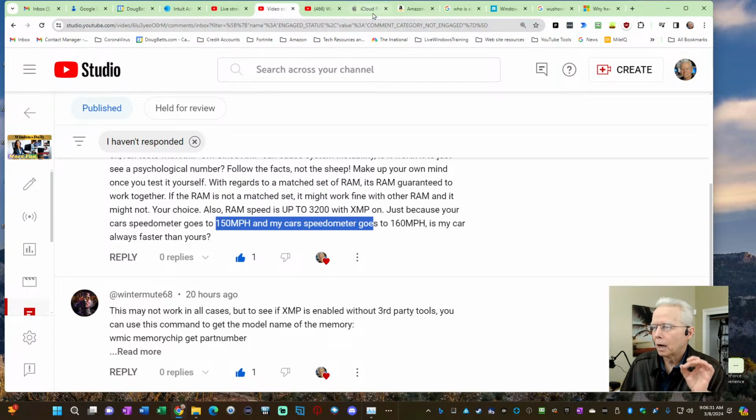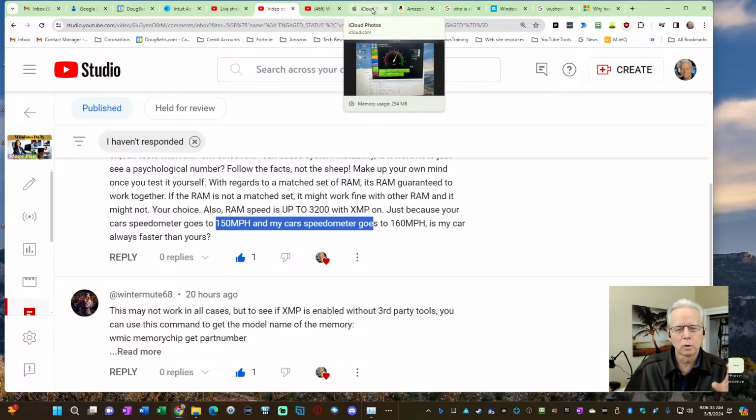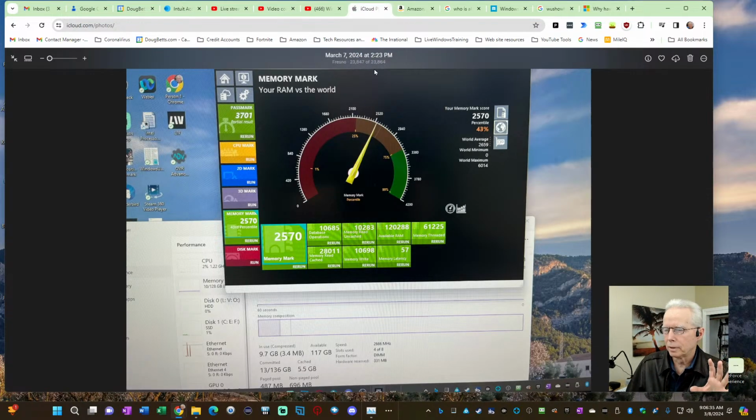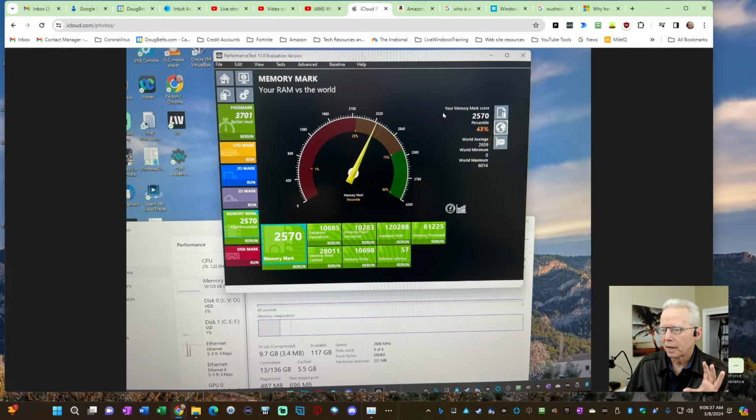I'll go through more of my pictures tomorrow, but I'm just going to show this much with PassMark memory tester. Down here in Task Manager, you can see the memory with XMP turned off at 2666.